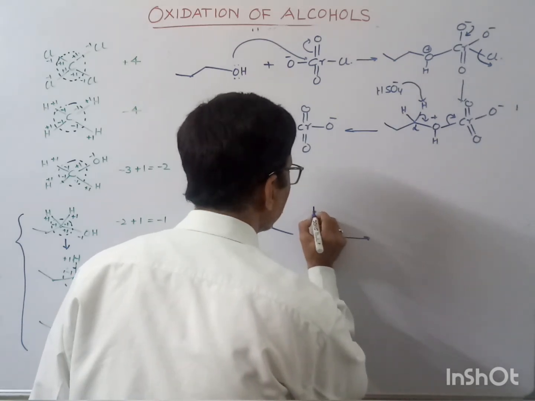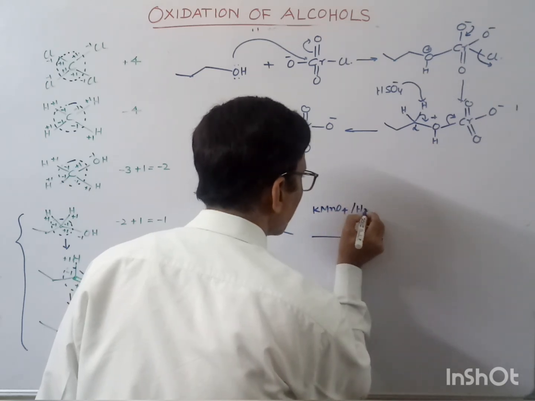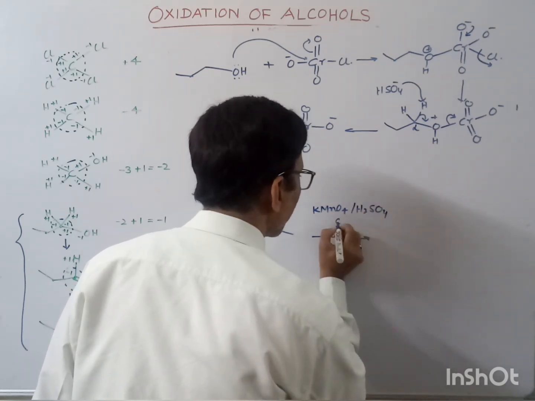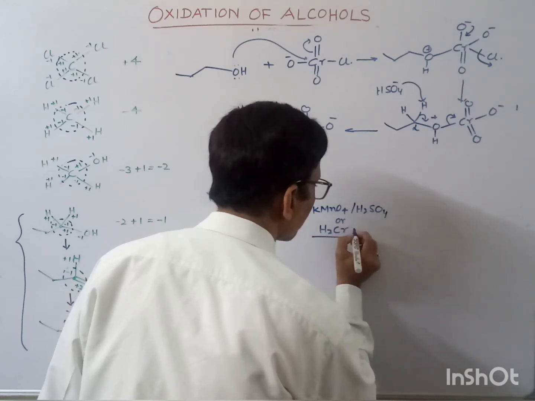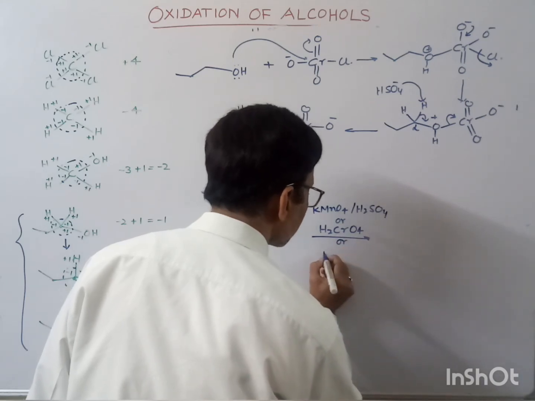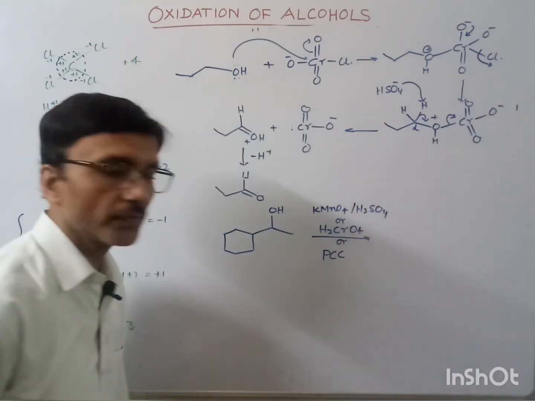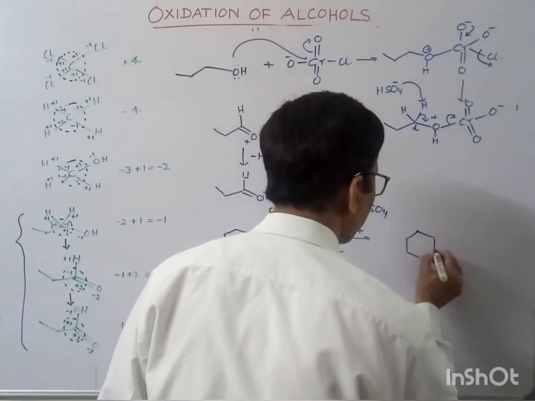Suppose I have written KMnO4 and H2SO4, or I am writing chromic acid, or suppose PCC. So this will oxidize the secondary alcohol only to the ketone.